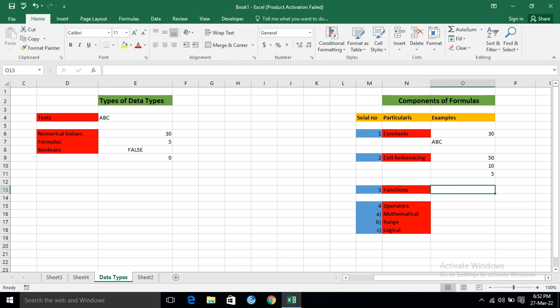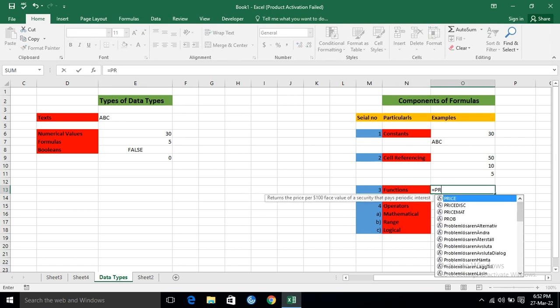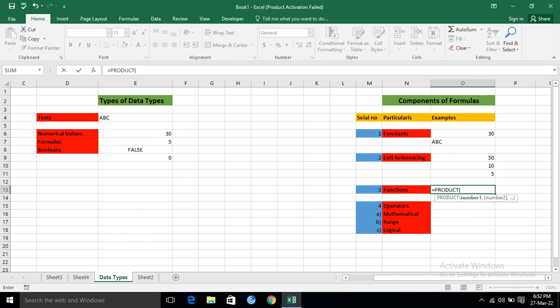So basically we can also do multiplication via functions. For that we have to enter equal to product. You can see over here inside the bracket, these are called the intelligence. The intelligence provides you what you have to enter inside the bracket.